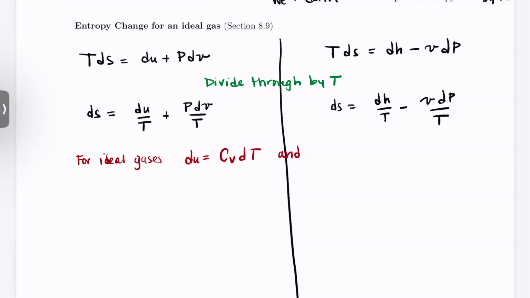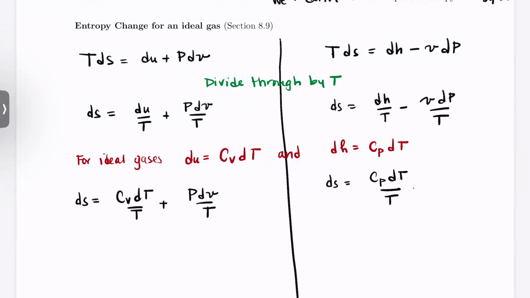And we also have dH is equal to Cp dT. Okay, so I'm going to make those substitutions on the left and the right-hand side. So I'm going to use Cv when we're looking at internal energy, and I'm going to use Cp when we're looking at enthalpy. All right, and so when I do that, I have ds is equal to Cv dT over T plus P dV over T. And then on the other side, I have ds is equal to Cp dT over T minus V dP over T.